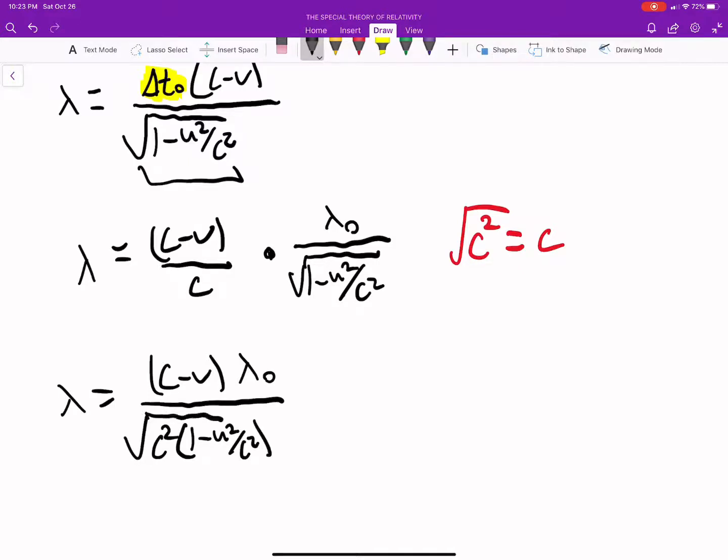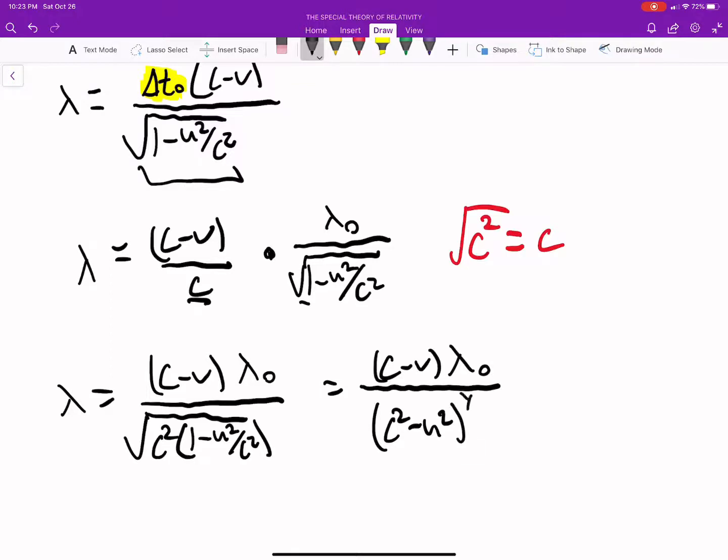So I just plug this into the radical. I can go ahead and distribute that. So that'll be c minus v times lambda naught all over the square root of c squared minus u squared, which I can rewrite with exponentials as just being to the 1/2.